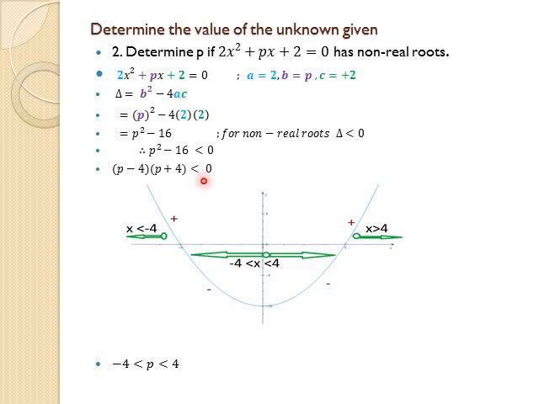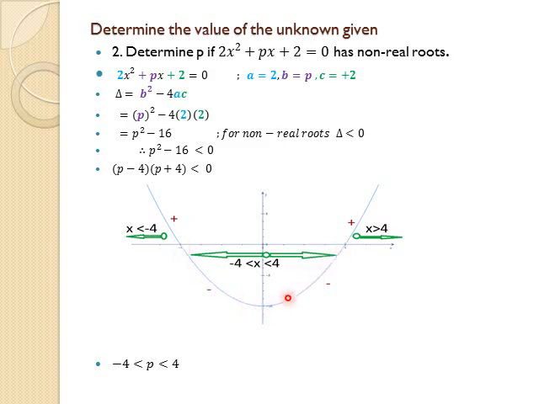So on the parabola, where's the graph negative? Above the x-axis, y is positive. Below the x-axis, y is negative. So this expression is negative from 4 all the way to negative 4. I hope you see that.